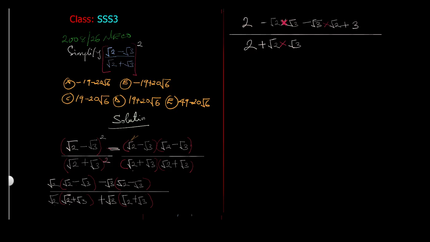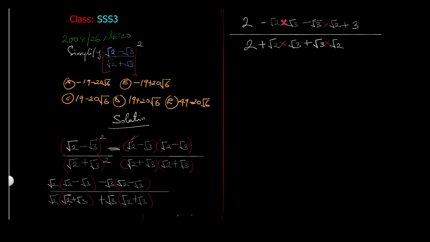So square root of 3 times square root of 2. It goes with a plus sign. So we have a plus square root of 3 times square root of 2. This is what we are working on.